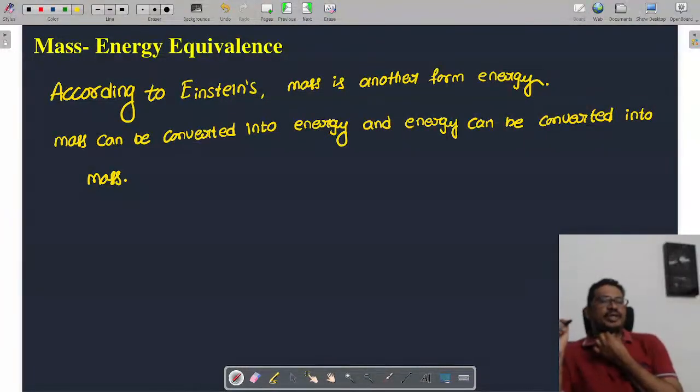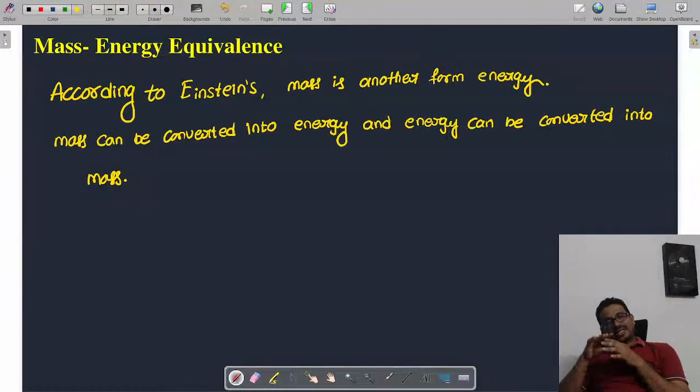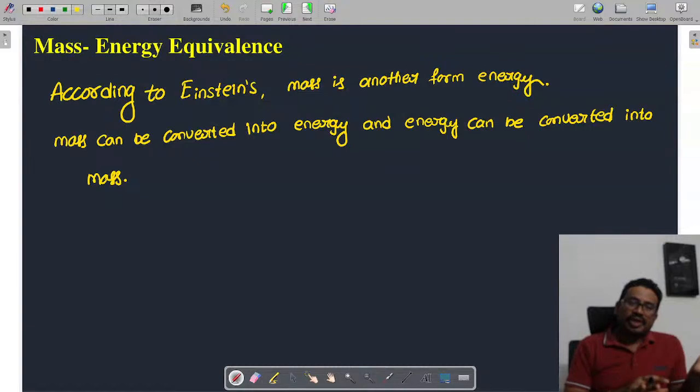Energy we can convert into mass, and mass will be converted into energy.